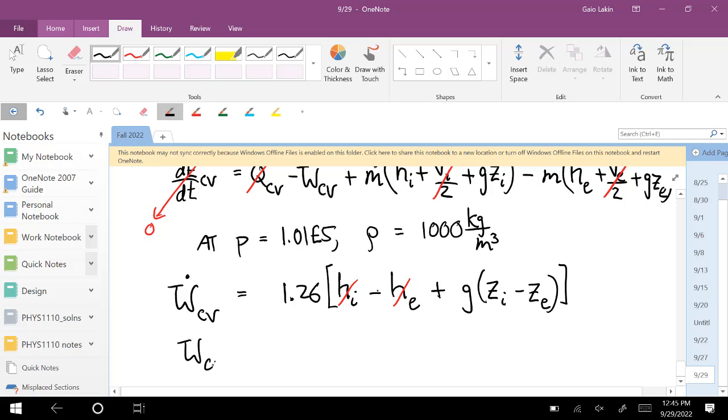And you get the W dot for the control volume is 1.26 times G, which is 9.81 in SI units, times, you can think of this as 0 minus 12.2 or negative 12.2.